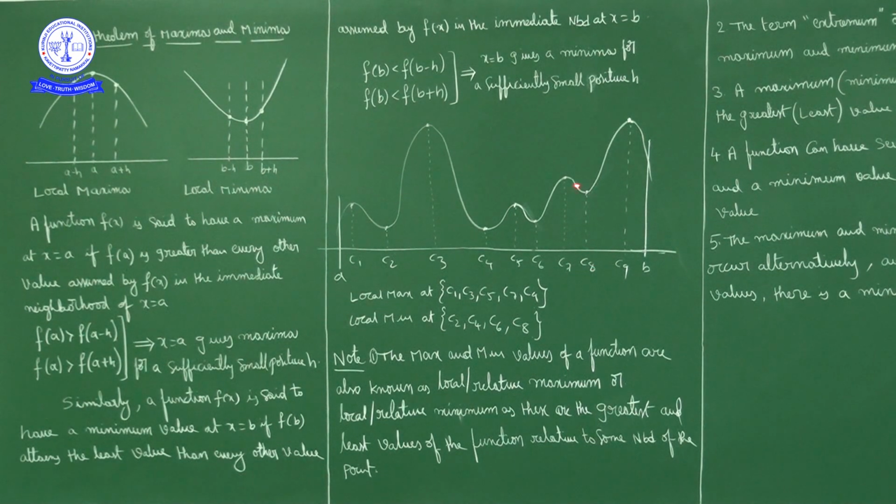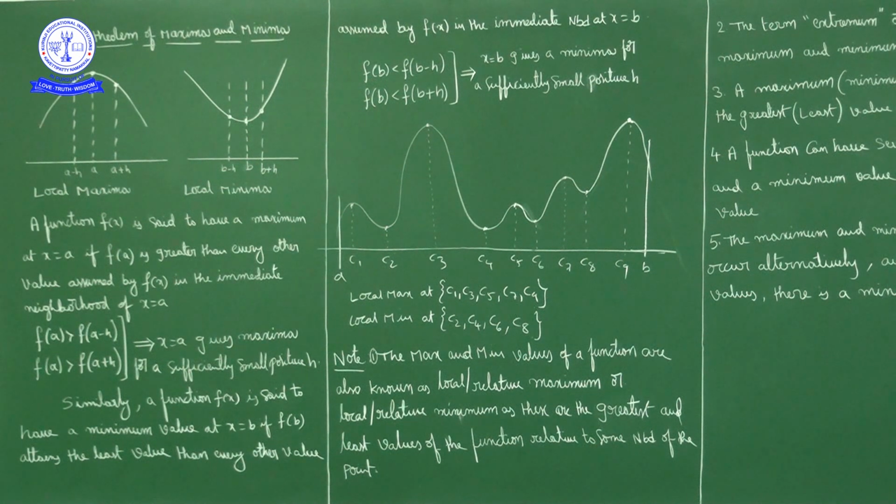The local minimum value is greater than the local maximum. That can happen. Local maximum at c1, c3, c5, c7, c9, local minimum at c2, c4, c6, c8. A local maximum value may be less than a local minimum value also.